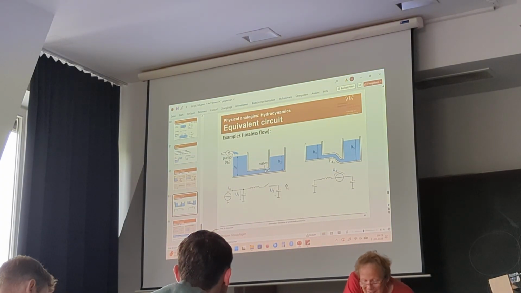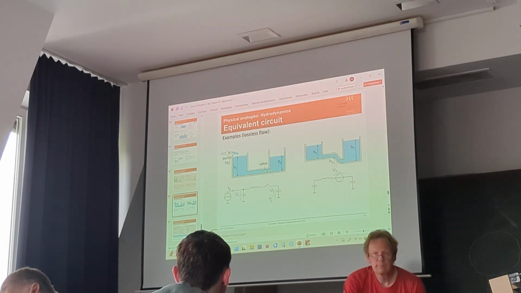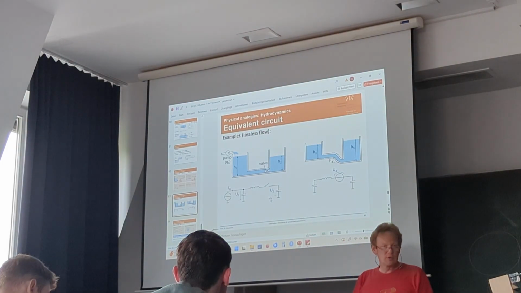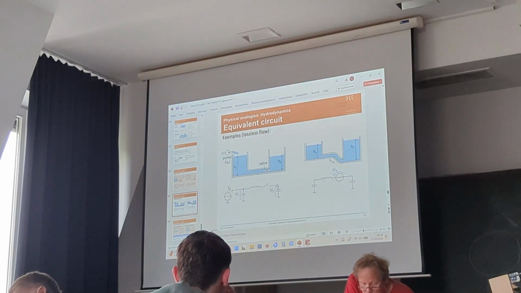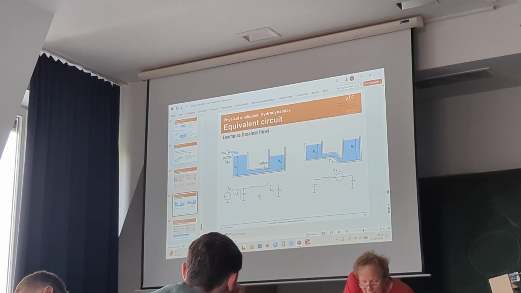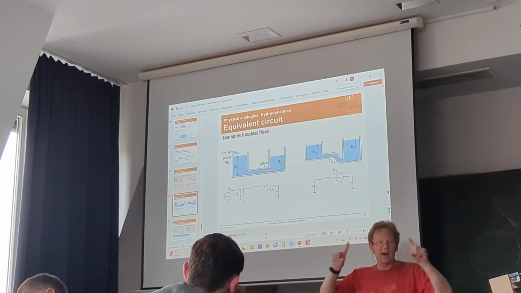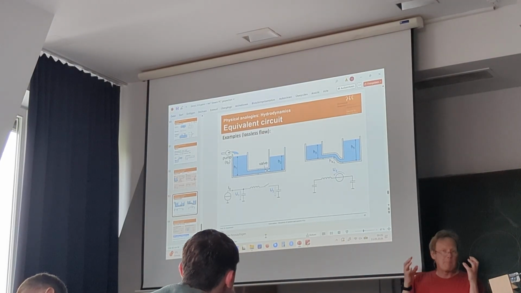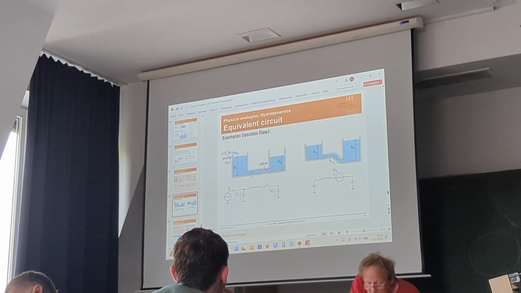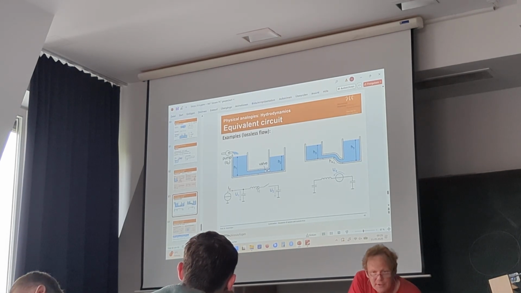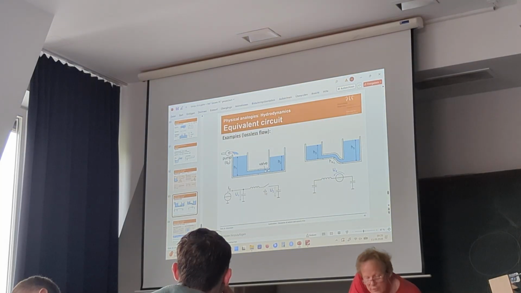That means the height 2 becomes a pressure P2, the analogy of a voltage U2 across this capacitor. In between we have the pipe with some mass of water, and that acts like an inductivity. And the valve is just a switch which can open or close.